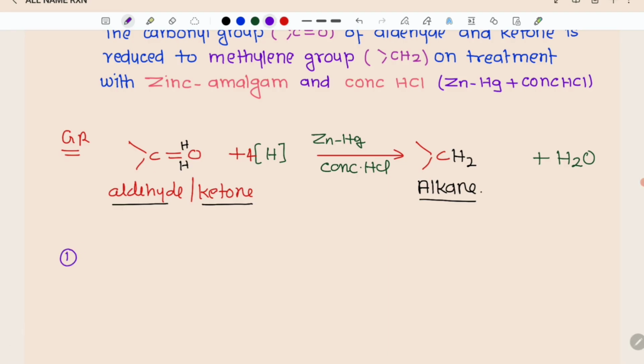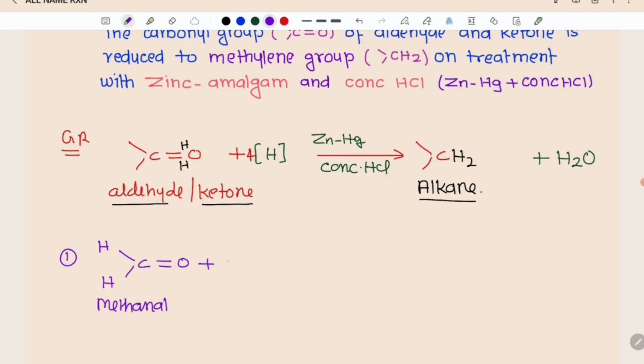First we have taken an aldehyde. Here we have taken H and H. This compound is methanal.